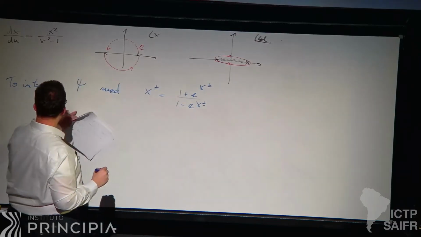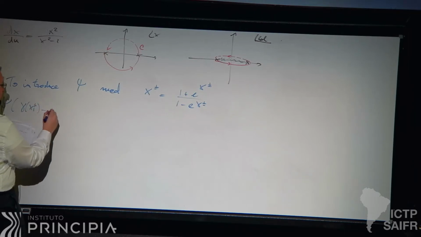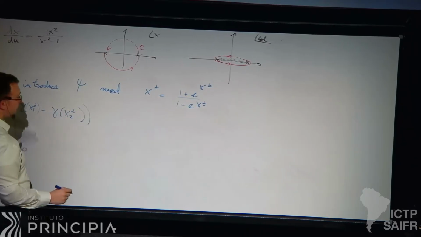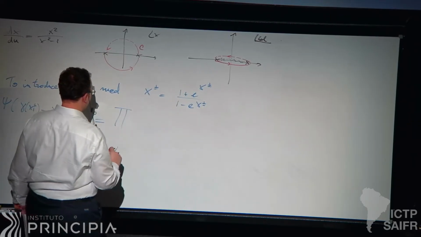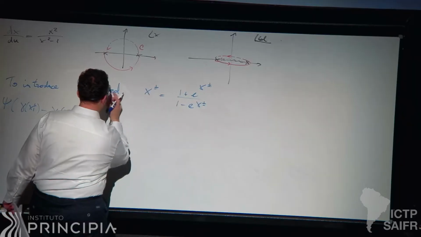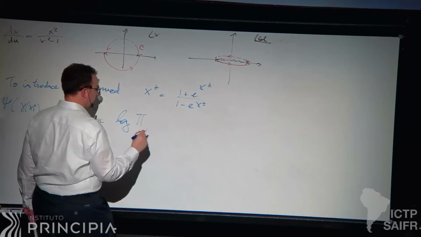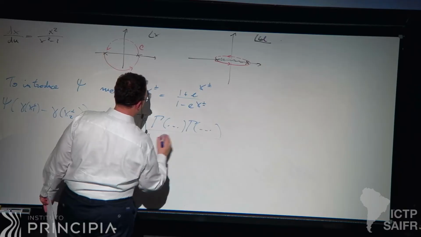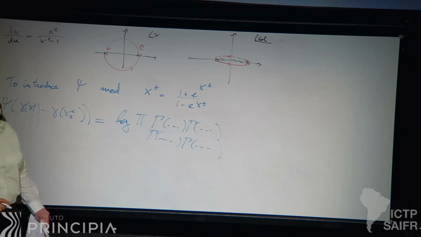And the reason why this is nice is that then psi is actually psi of gamma of x1 minus psi of gamma of x2. So it's of difference form. And you can write it in terms of, well, psi is a phase, so I suppose I should write the logarithm. It's a product of gamma functions. An infinite product of gamma functions, or if you want, a product of Barnes G functions.